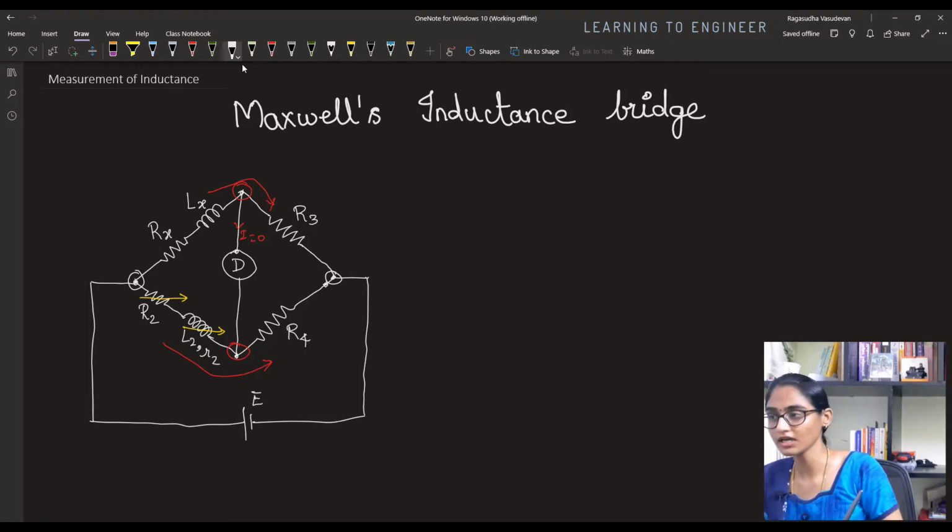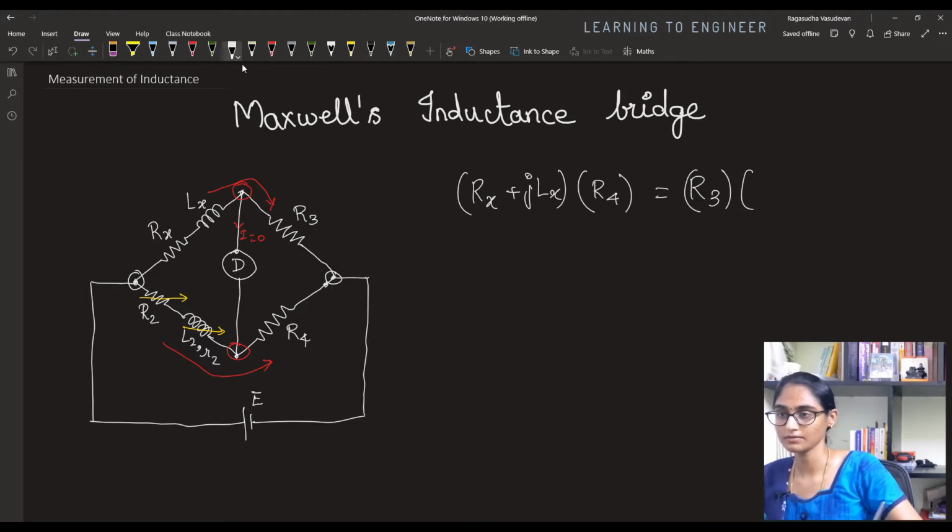So taking that into consideration, the value of Rx plus j omega Lx multiplied by the fourth arm R4 will be the same as R3 multiplied by R2 plus small r2 plus j omega L2. For the time being, I am having this resistance to be R2 dash.